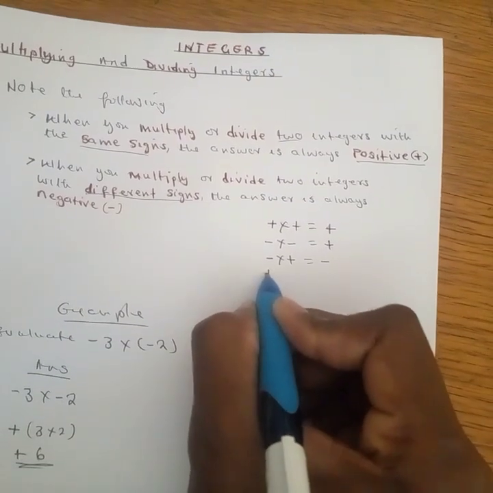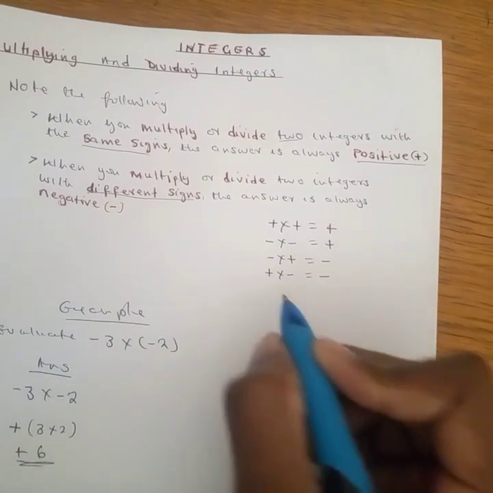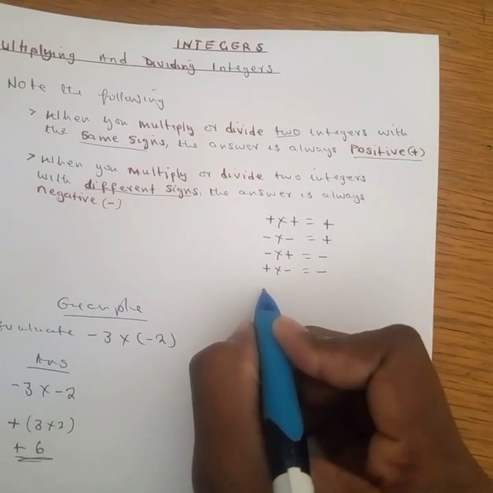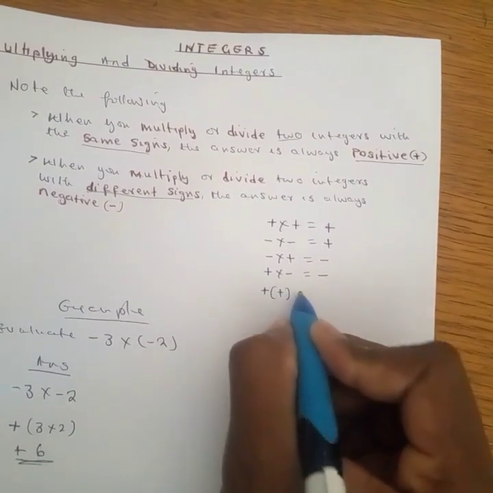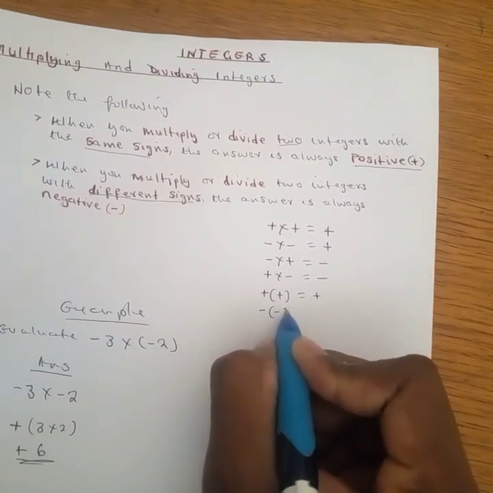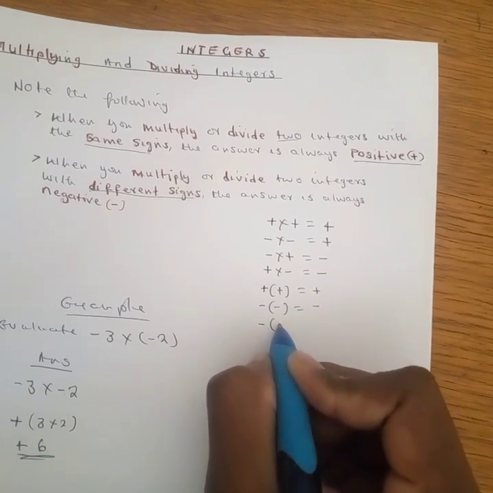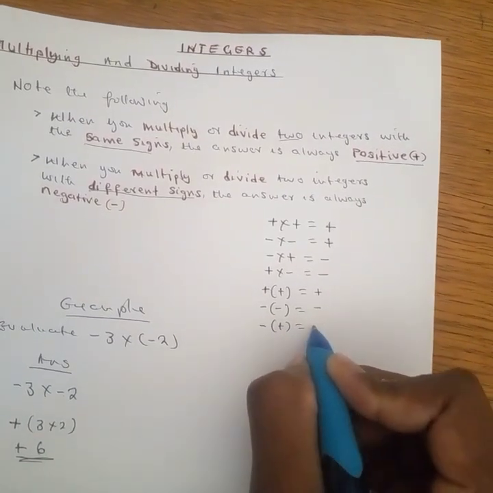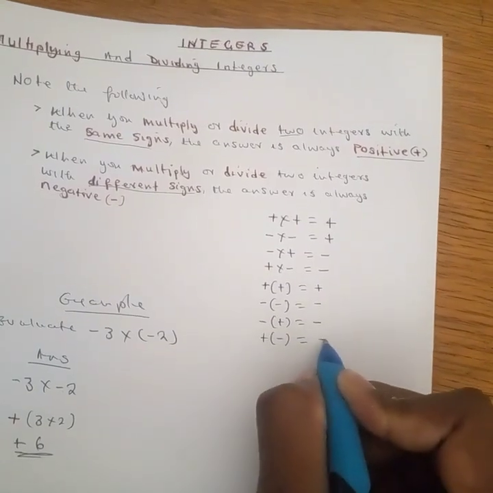The same applies with positive times negative, the answer is always negative. I even did a funny way of putting it in brackets: positive multiplied by positive, the answer is positive. Negative open bracket positive is equal to negative. Positive open brackets negative, the answer is negative.